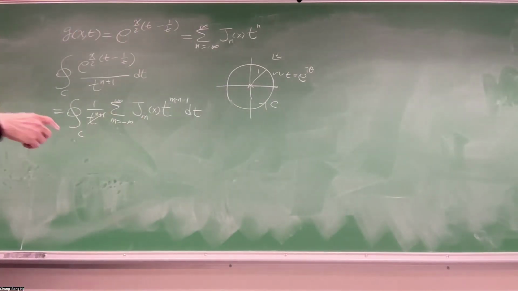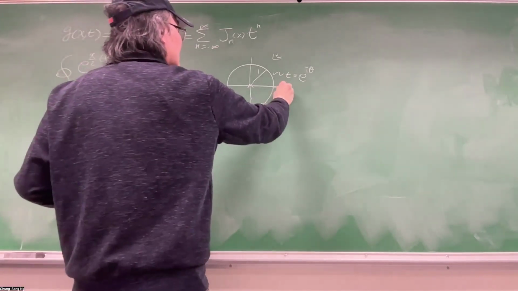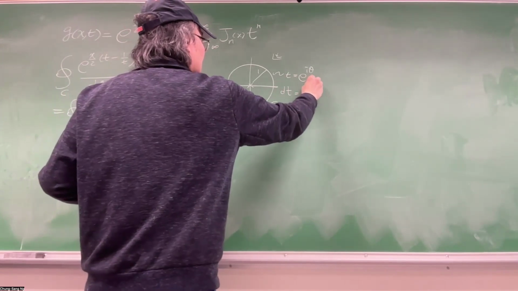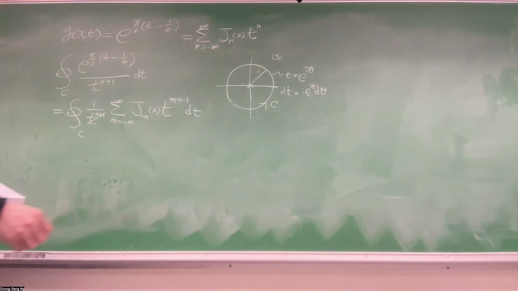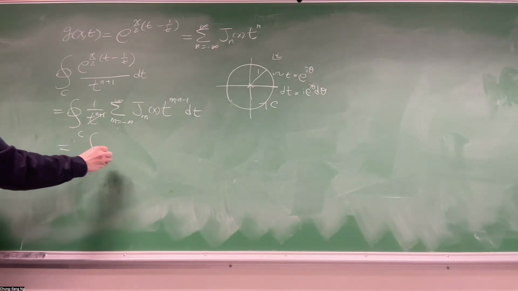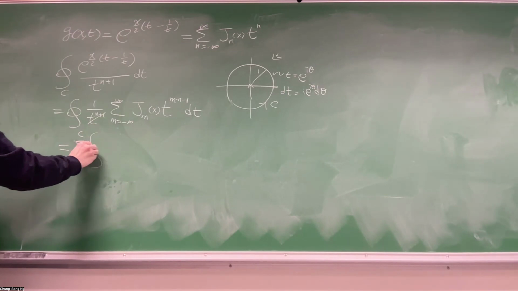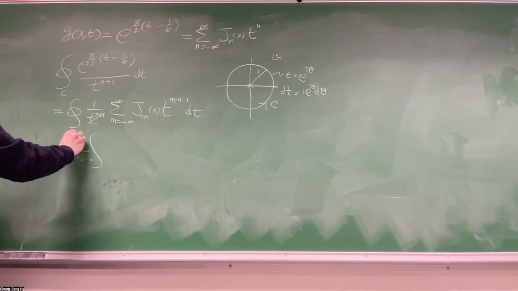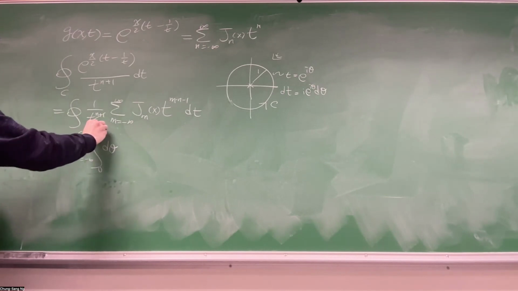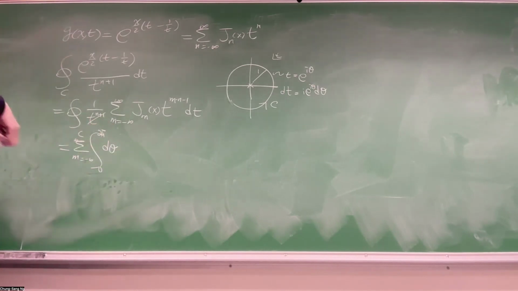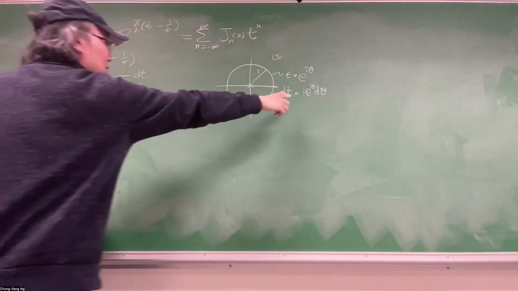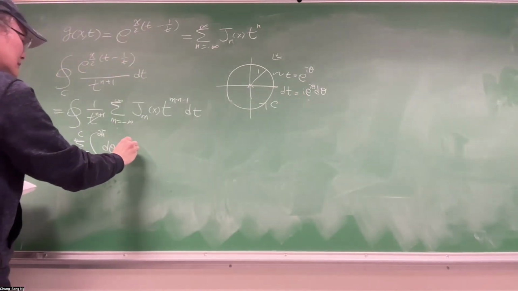So dt becomes I e to the I theta d theta. We can change the loop integration, taking the summation out, to an integral over d theta with theta from 0 to 2 pi, just going around.